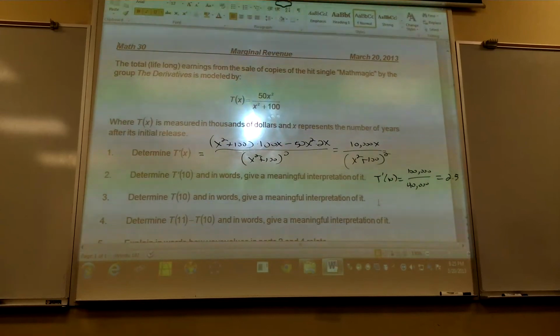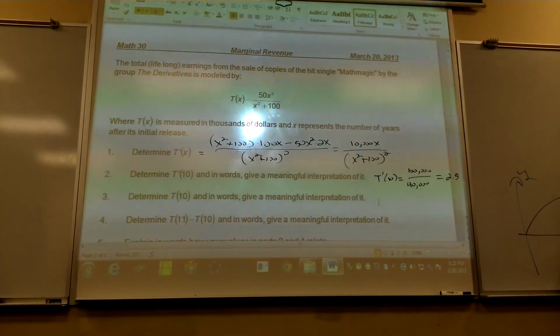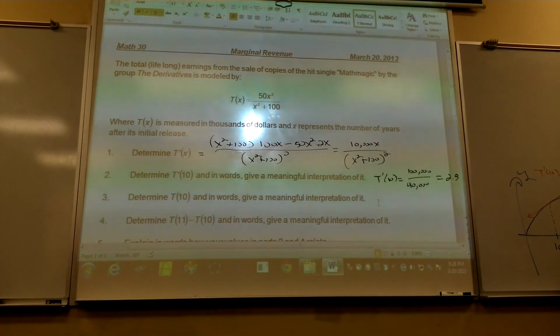Why not the 10th year? Good question. Because I think, no matter what my curve looks like, it looks something like this. Here's x equals 10. And I think in red, here's a tangent line to the graph. Since T prime of 10 is equal to 2.5, that's the slope of the tangent line at x equals 10.